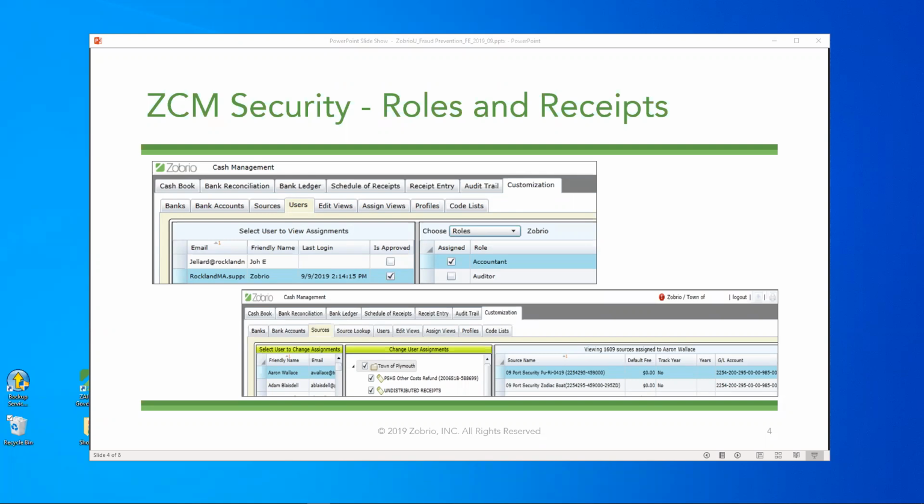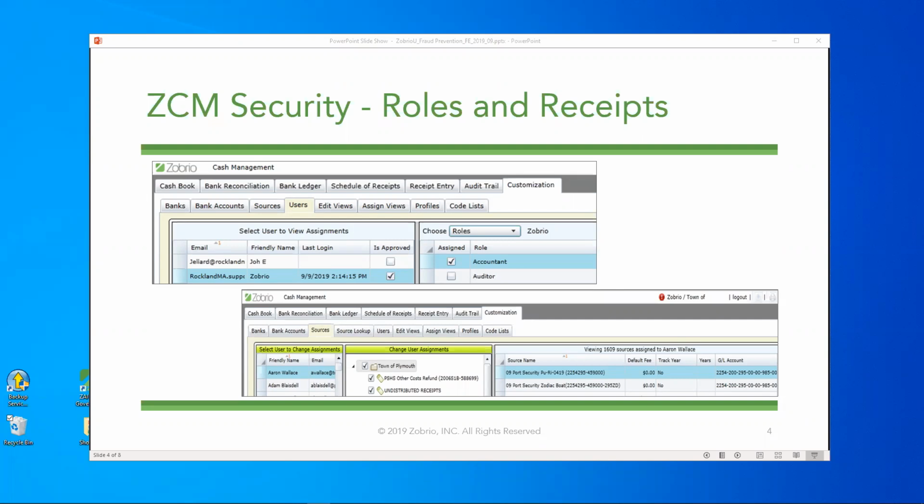Well, what's nice about the cash management system is we track things like that. We track entries that are keyed in that are deleted, and there might be a legitimate reason, hey, I made a typo, but it sets up basically a trail and patterns of things that are going wrong.